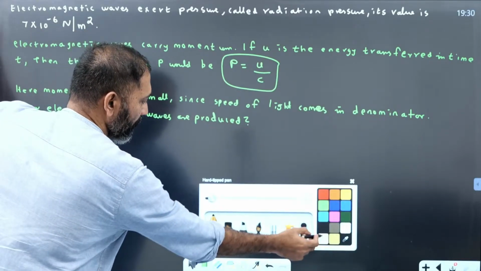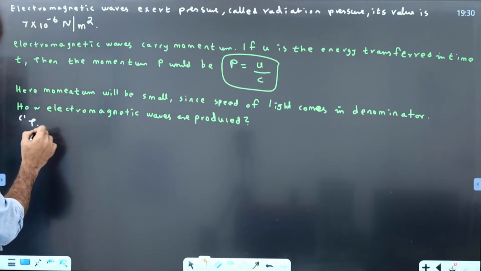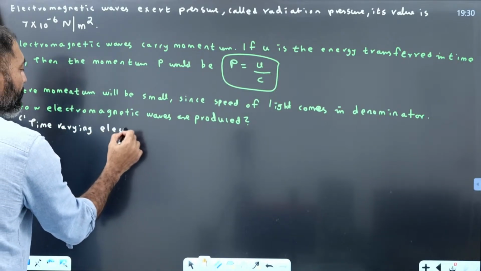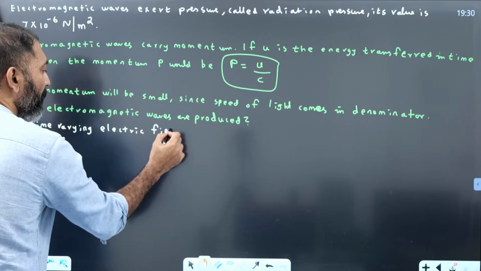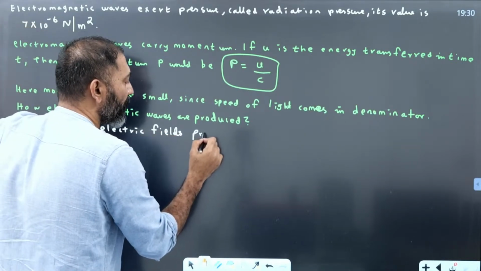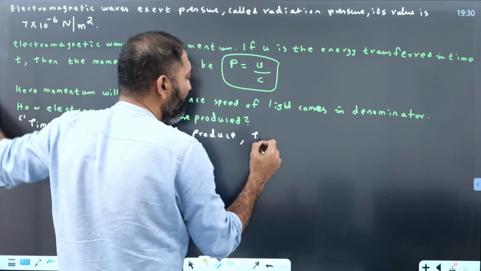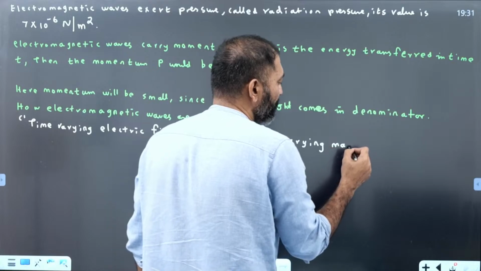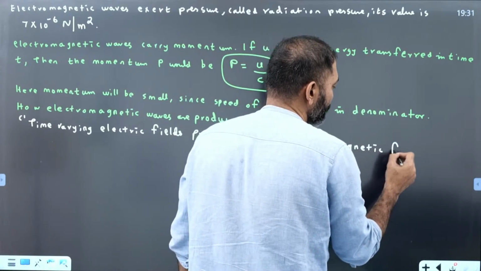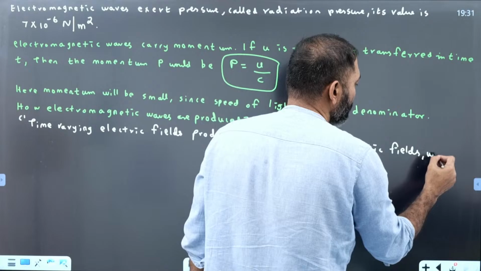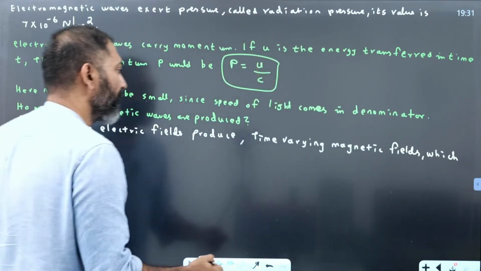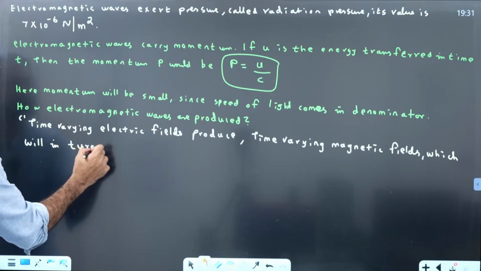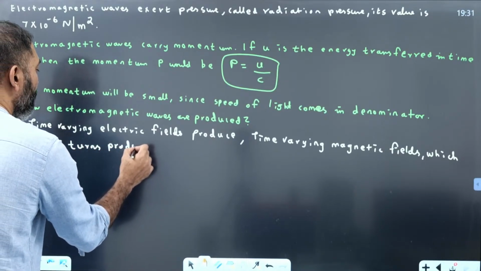Remember, time varying electric fields produce time varying magnetic fields, which will in turn produce time varying electric fields.